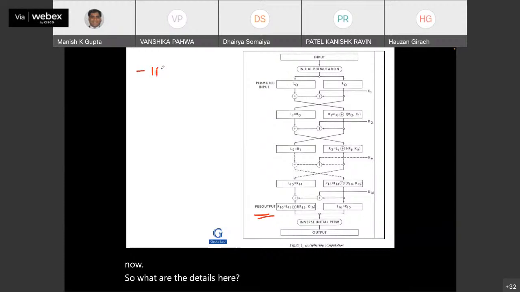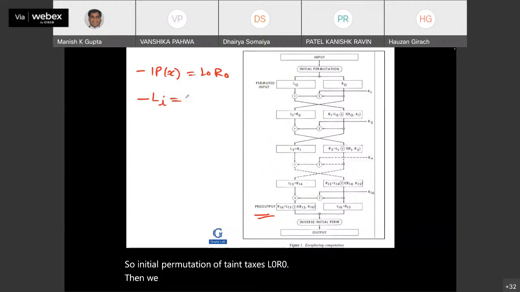So initial permutation of plain text is L0 R0. Then we have Li is equal to Ri minus 1. You can see from here Li is equal to Ri minus 1, right?